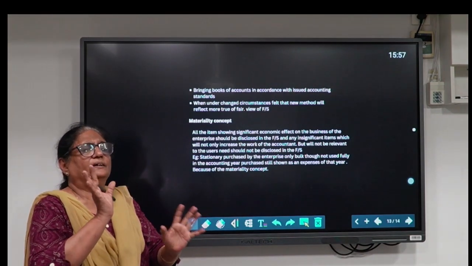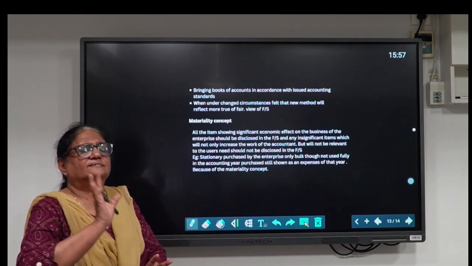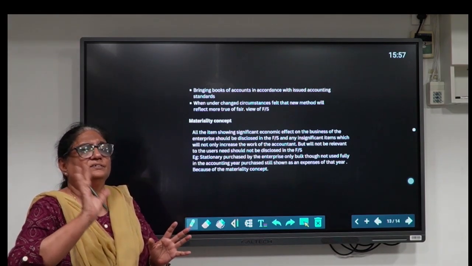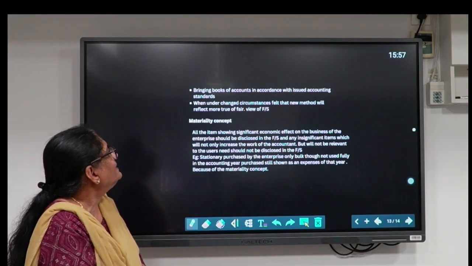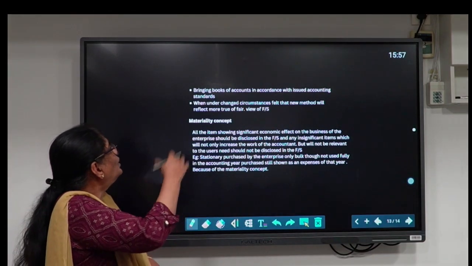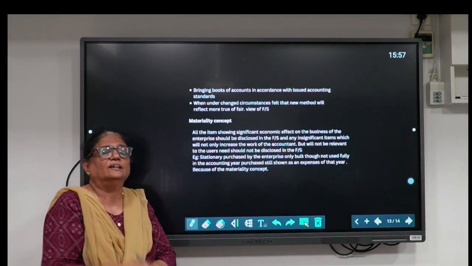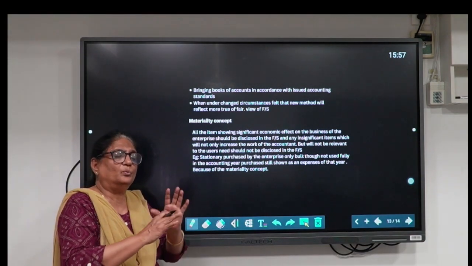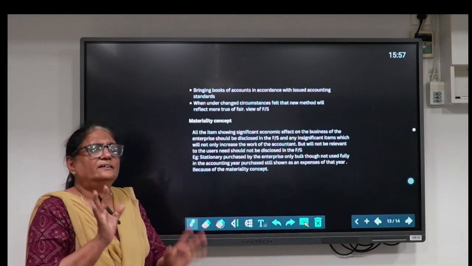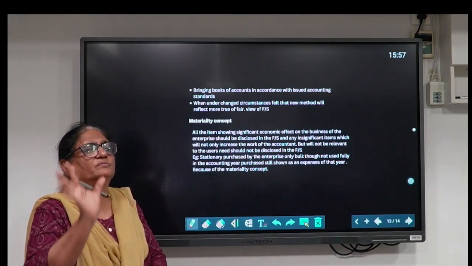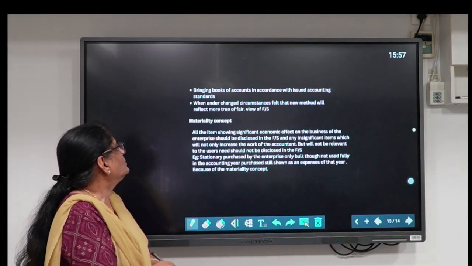That time you can go happily. Or when, under changed circumstances, it is felt that the new method will reflect a more true and fair view of the financial statements. So if you change your valuation of inventory or stock, compliance with the law should be there. Then you can go ahead.